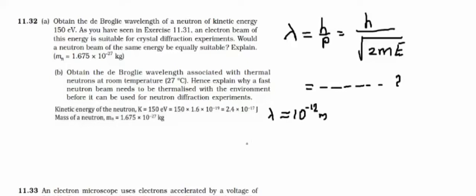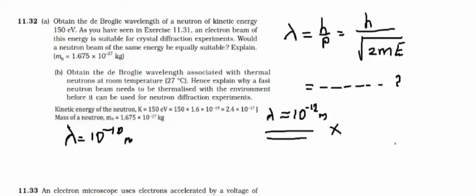But we need a wavelength in the order of 10 power minus 10 meter to study the crystal structure. But the neutron wavelength, when you calculate, you will get in the order of 10 power minus 12. Therefore, it is not suitable to study the crystal structure like the electron.